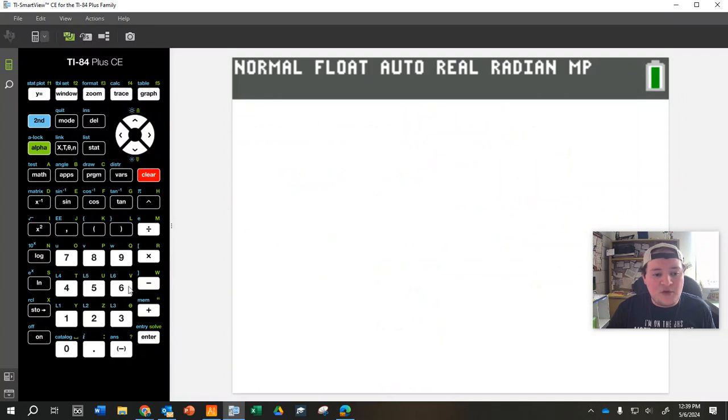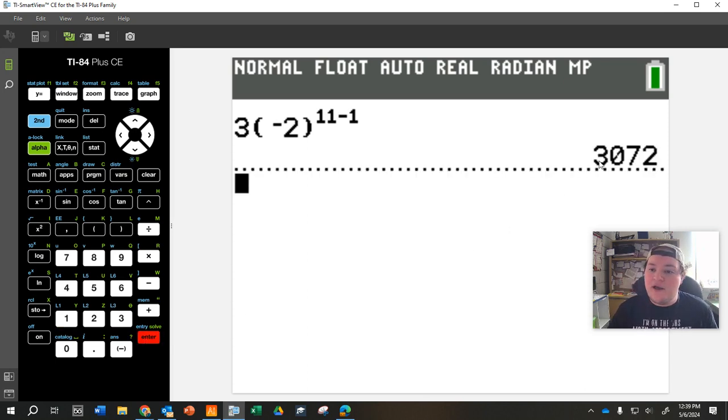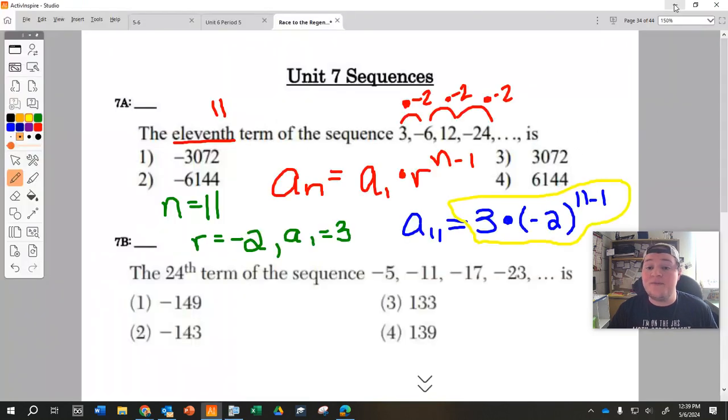So I'm going to type in 3, parenthesis, -2, parenthesis, caret, 11 minus 1, which is just 10. Click enter. 3072, positive 3072. I look and I see that is an answer choice, and I say woohoo, all done. So the answer is choice 3.